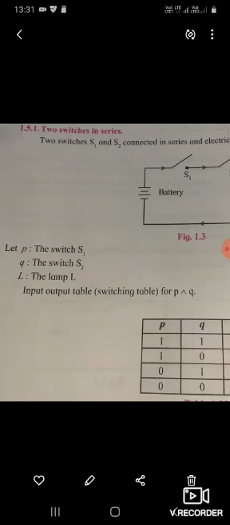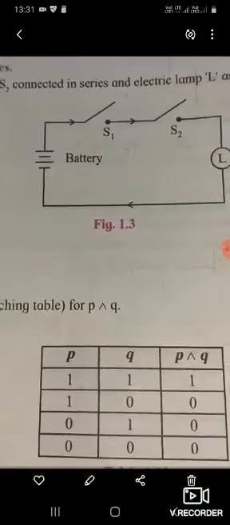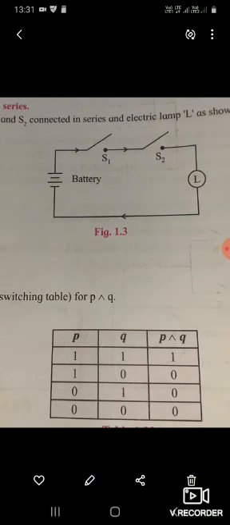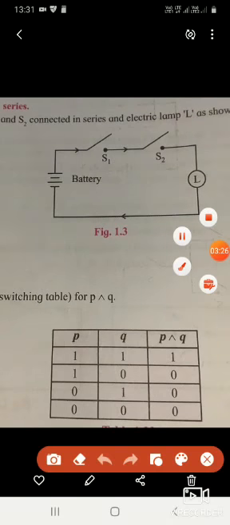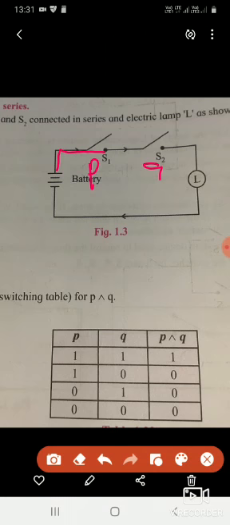Then we have to write, listen, it is a series connection. Series connection means we can write P and Q. For the current to pass from the battery, it must pass through the first one and the second one.